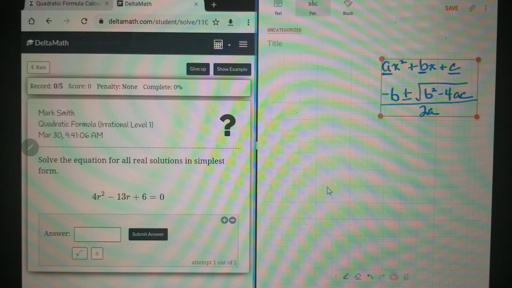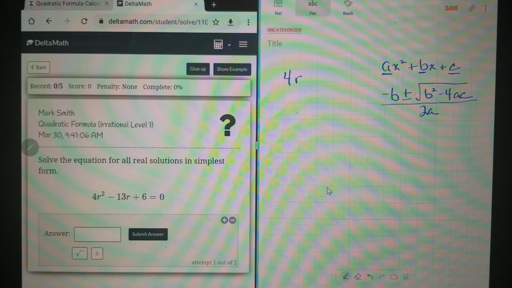All right, so this says solve 4r squared minus 13r plus 6. Here's my A, and here's my B, and here's my C. So I'm going to put negative 13.